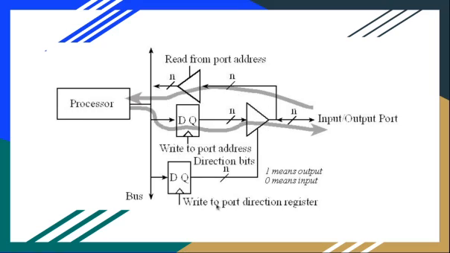So writing 0 to this particular direction register, this latch here will turn this off and it will be able to read only, that is 0.0 volt to 0 or 5.0 volt to 1. But writing 1 to this direction register, this latch in here will turn this on and it will be able to write also, like 0 to 0.0 volt or 1 to 5.0 volt.